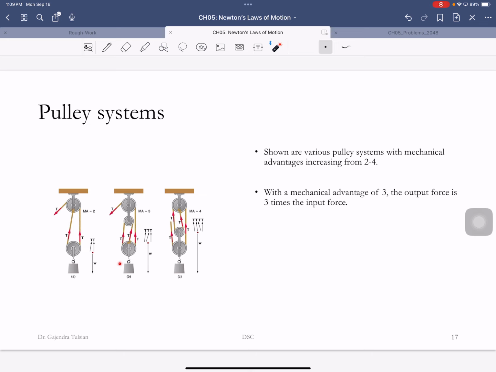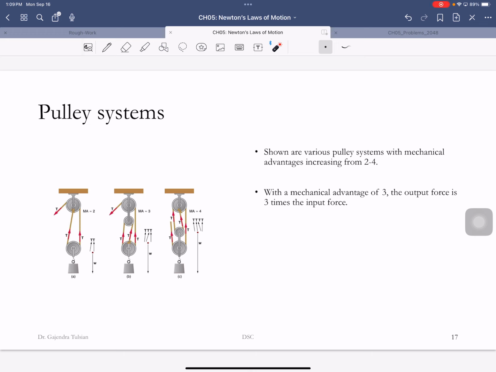So you lift a 100-pound object by applying a force of 33 pounds. Since the tensions are the same in all the strings, that means the masses and friction in these pulleys are negligible.